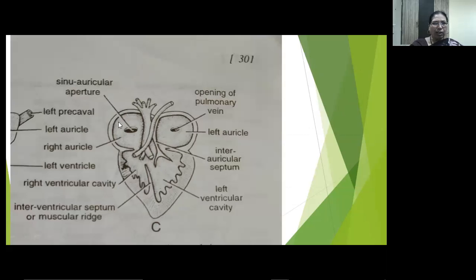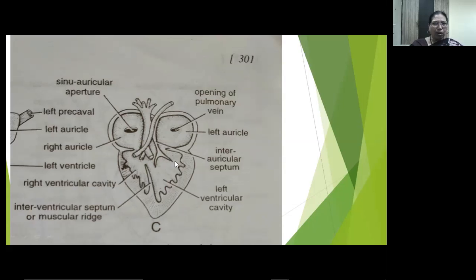In the right auricle, there is the opening of the sinoauricular aperture, and in the left auricle, the opening of the pulmonary vein, which carries blood from the lungs. Then the auricle opens into the ventricle by the auriculoventricular aperture, guarded by a valve called the auriculoventricular valve.